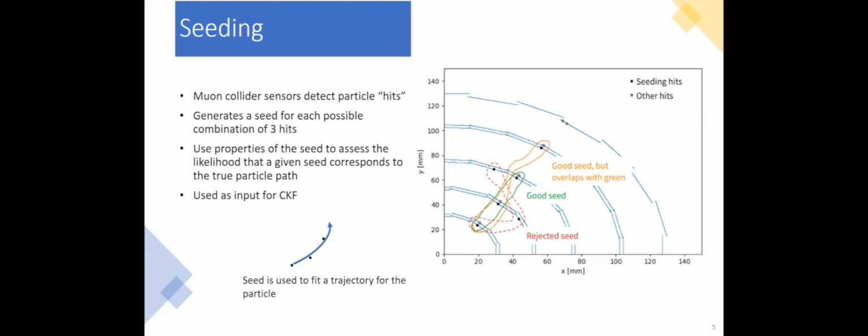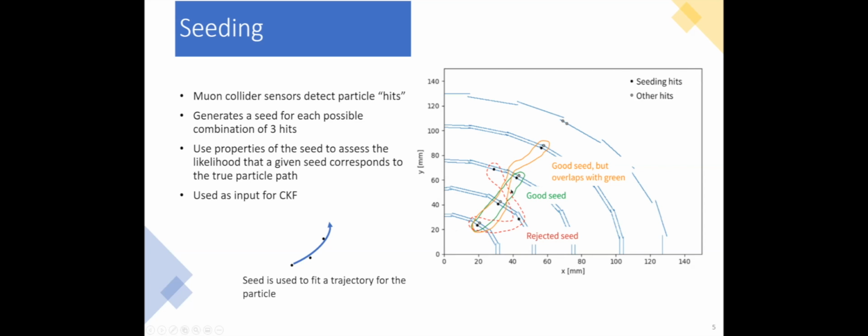So this is the seeding part. This is what I focused mainly on. The idea of a seed is you take every possible combination of 3 hits. There are good seeds and there are bad seeds. The one in green here would be considered a good seed because it's pretty much in a straight line.